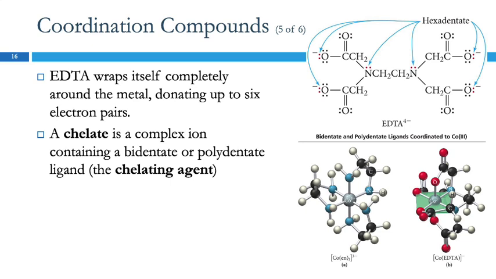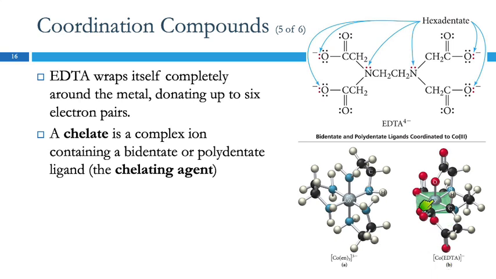So the EDTA will wrap itself around the metal ion, and it can donate up to 6 electron pairs. So this is hexadentate, 6 pairs. So here we have cobalt EDTA.